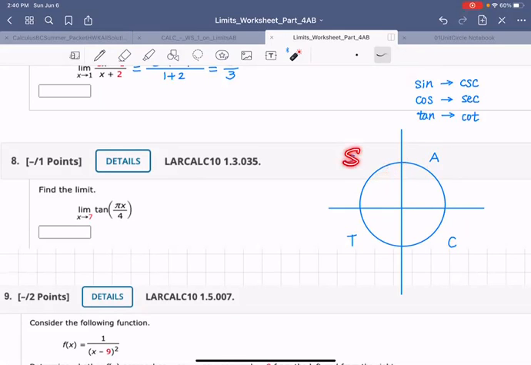So sine is positive, so cosecant is also positive in quadrant 2. Tangent is positive in quadrant 3. Cosine is positive in quadrant 4. Who is this guy? 7 pi over 4. 7 pi over 4 is in which quadrant? That guy, -1. -1. Okay?